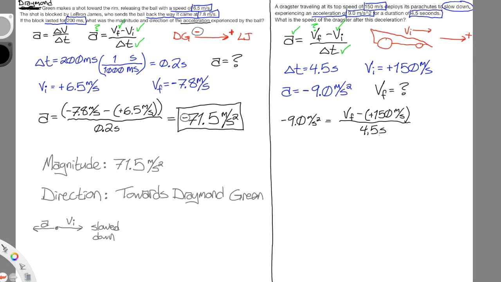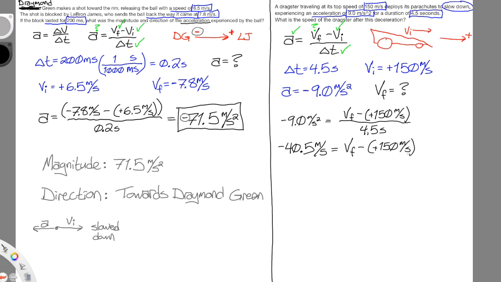Now, to solve this one algebraically, it's a good idea to just get rid of our fraction first and multiply both sides by 4.5. So on the left, we get negative 40.5. Checking the units here, meters per second squared times seconds gives us units of meters per second over there, equals VF minus this positive 150 meters per second.